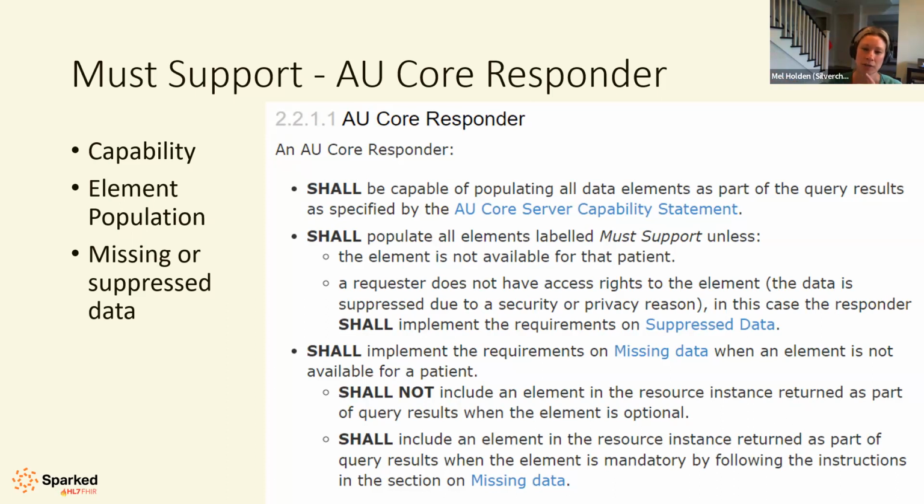What advice would you give to our organization in terms of how we interpret the must support in order to future-proof when we get to that stage where we're exchanging data?